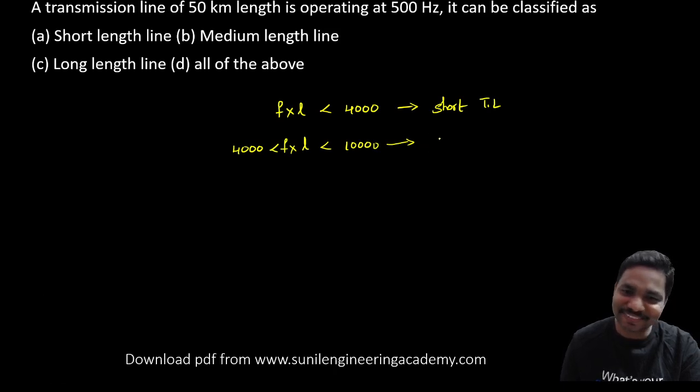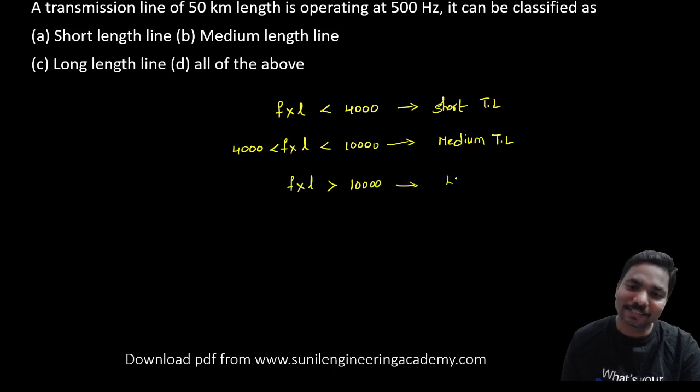Whenever the frequency into length is greater than 10,000, it is a long transmission line.